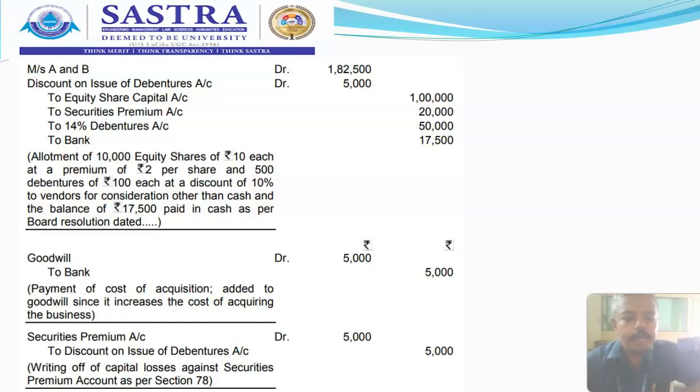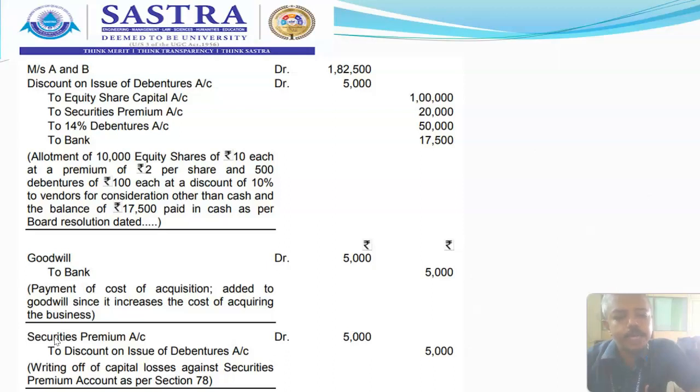Now the A and Co account is debited rupees 1,82,500, and what are the accounts to be credited? Equity share capital account rupees 1 lakh, securities premium account rupees 20,000, which means the equity shares are issued at a premium. To 14% debentures account rupees 50,000.